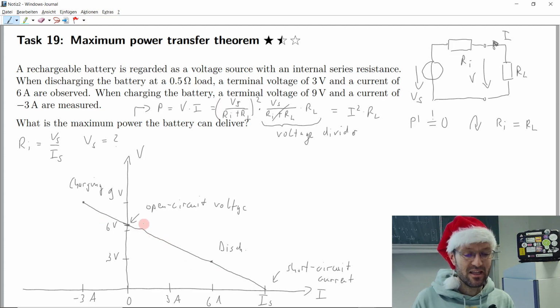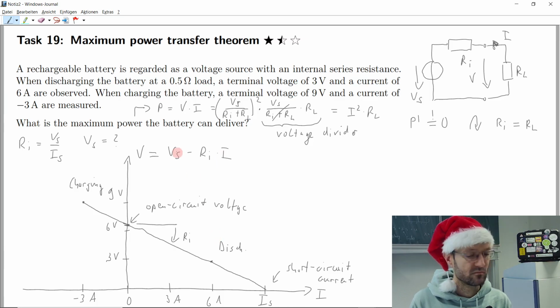And at the end, it's the slope of the curve. It's how much this curve goes down. This is the inner resistance, right? Because if we write a mesh equation for this, we get the result that the voltage here is the source voltage minus the inner resistance times the current. So this is this point.